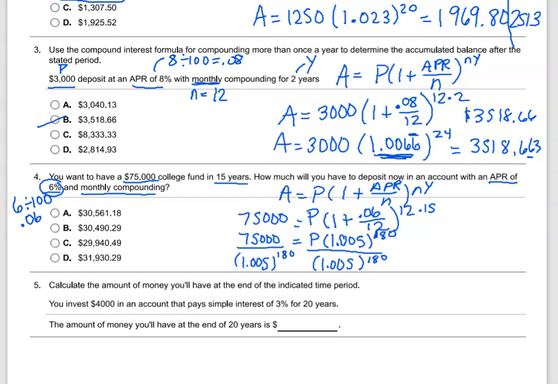Okay. What's going to happen is these cancel out because we've got the same thing on the top and the bottom, so that just turns into 1. And then this whole thing is my answer.